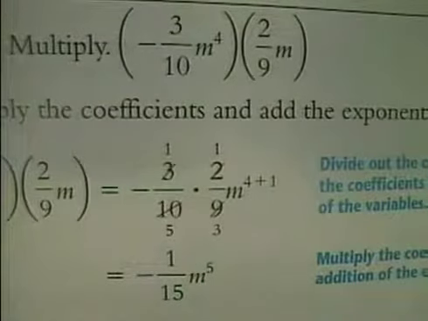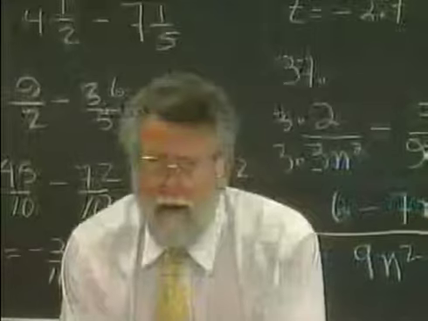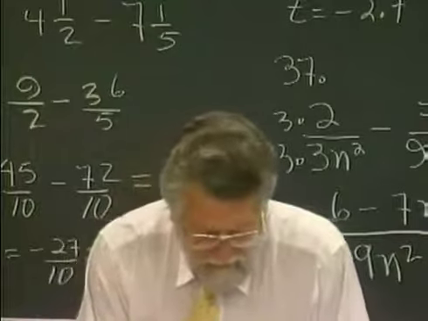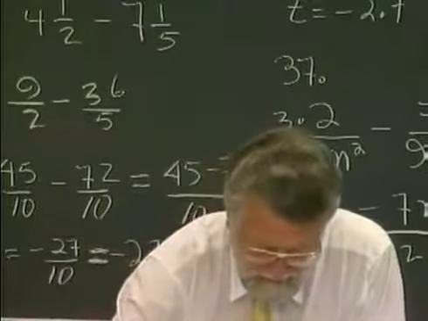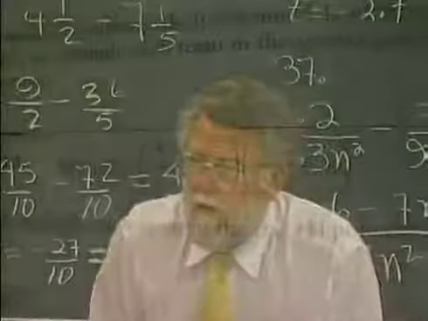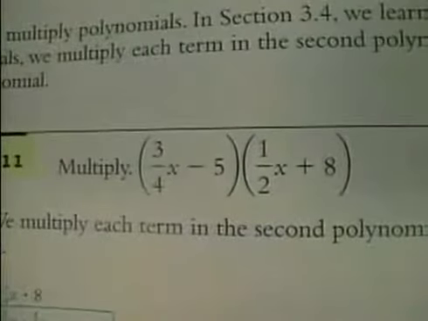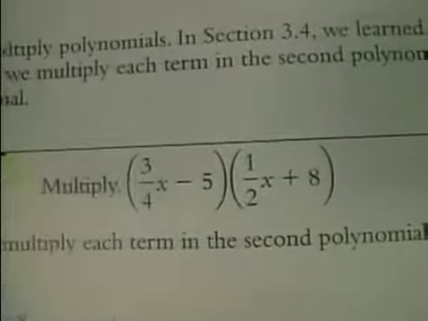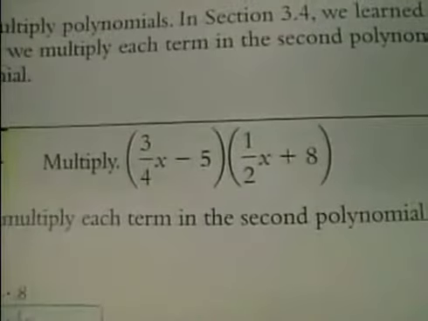That's exactly where we've been. When you multiply two monomials together, and I have m to the first times m to the third, you add the exponents.